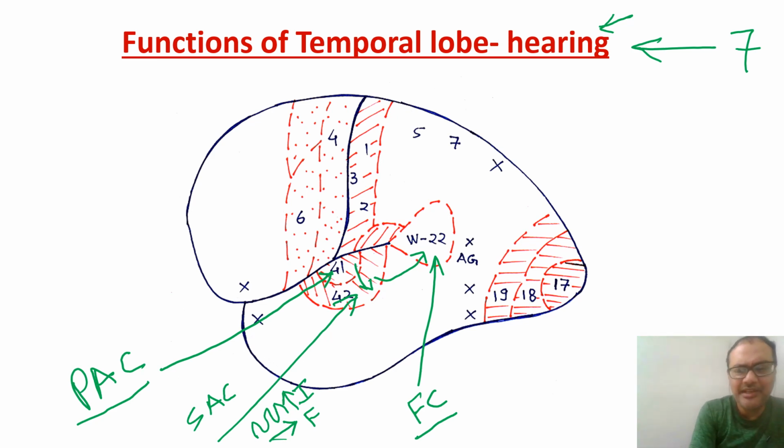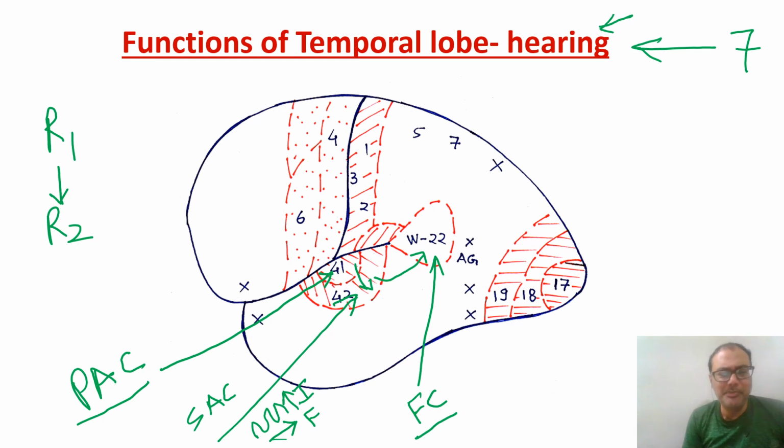We can relate this to something we see in the hospital when a patient comes. First, the patient is received by the R1, the first year resident, who receives the patient and starts the treatment. So the primary area is like that. Then the second year resident comes and refines the treatment, so secondary areas are like that, and finally the consultant comes for the final diagnosis.